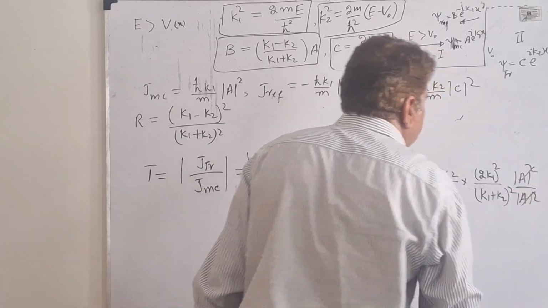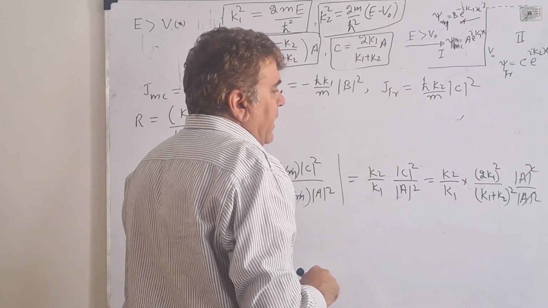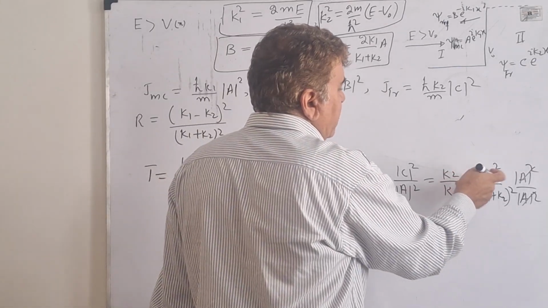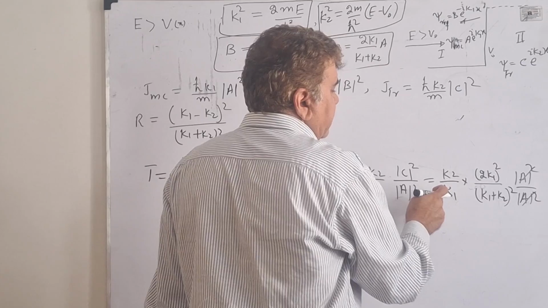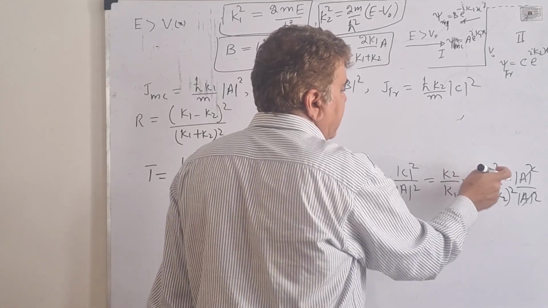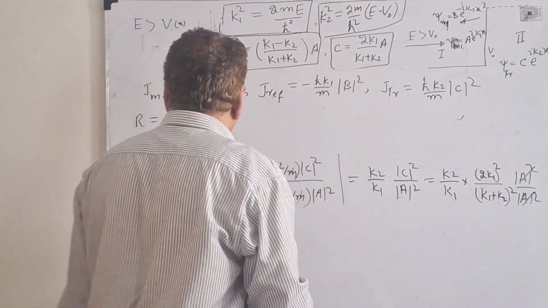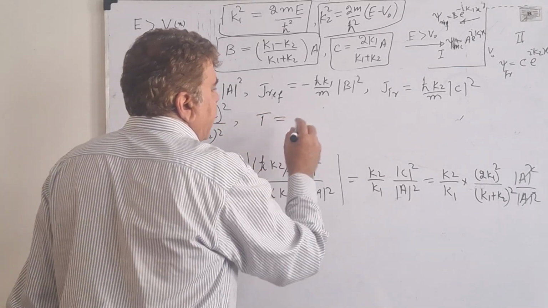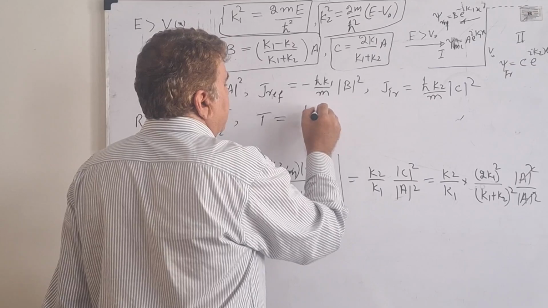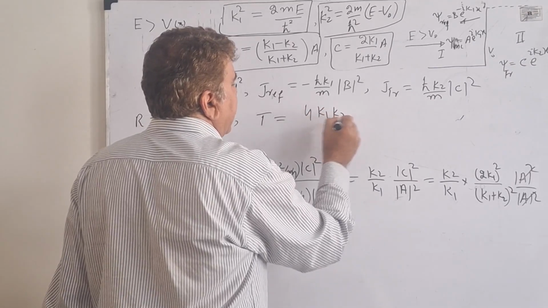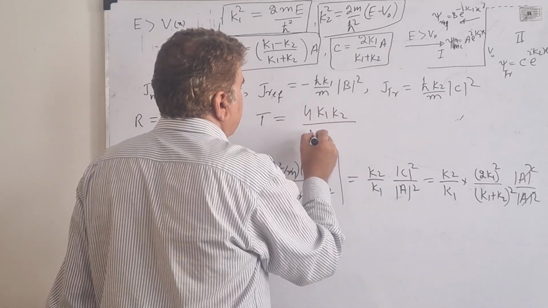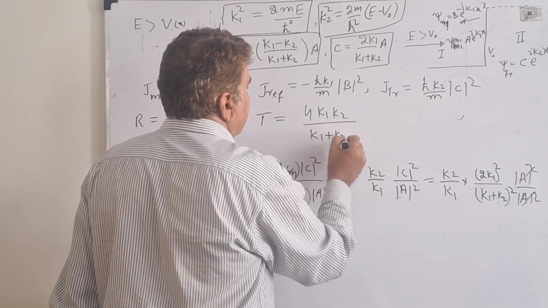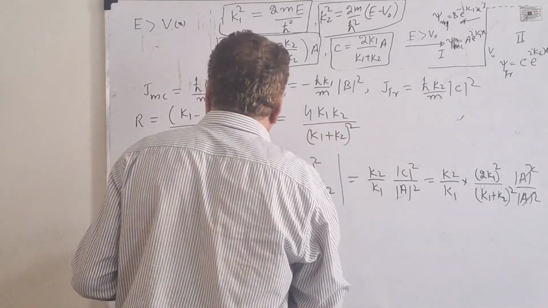So this goes with this, and this will become 4, and k1 squared would cancel with k1, so we would have 4 times k1 k2 divided by this thing. That is, T is in fact given by 4 k1 k2 divided by (k1 plus k2) whole squared.